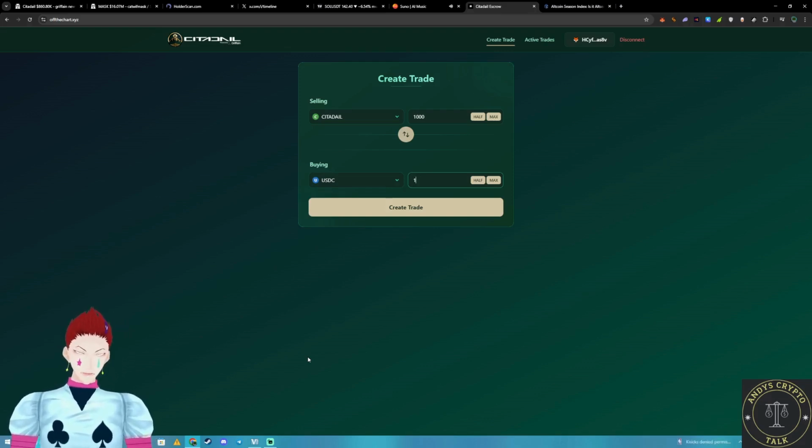This is a decentralized smart contract that performs these services for you, so there is no third party between you and the trade itself, potentially even just one other party.